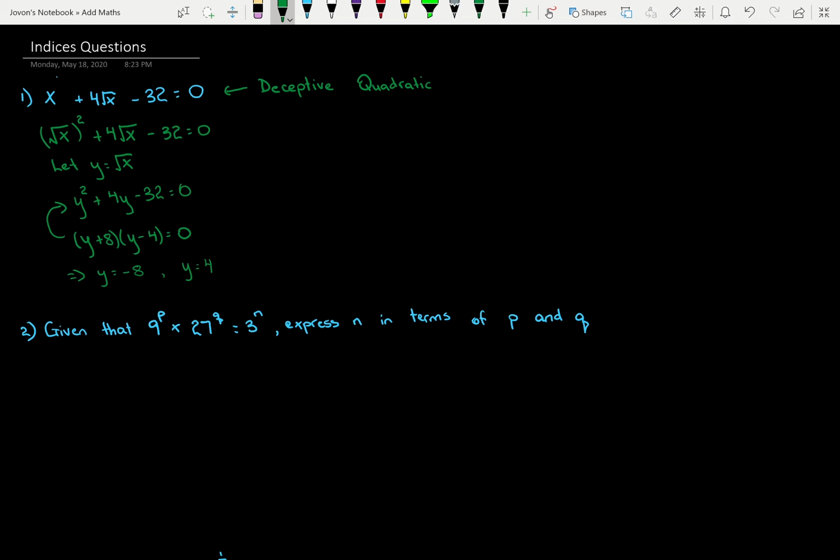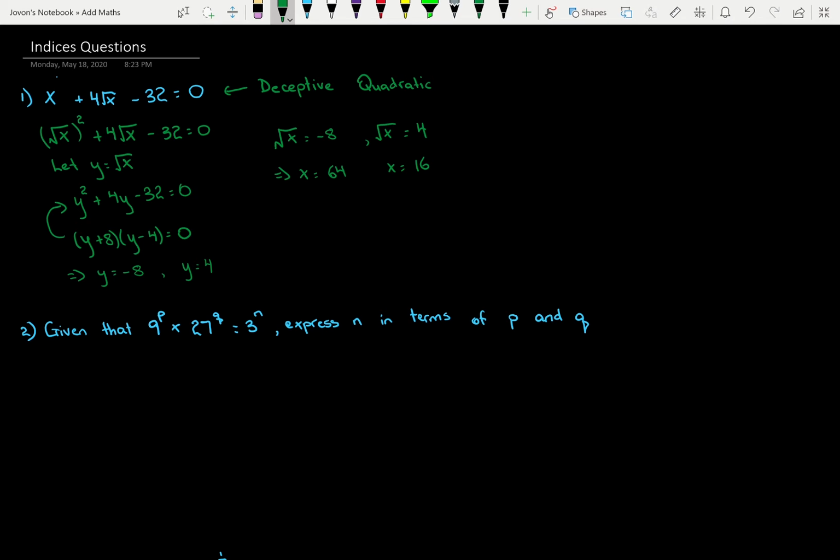So therefore what we say is root x is equal to minus 8 and root x is equal to 4. Okay, this would therefore imply that x, if you square both sides, is equal to 64 and x here is equal to 16.